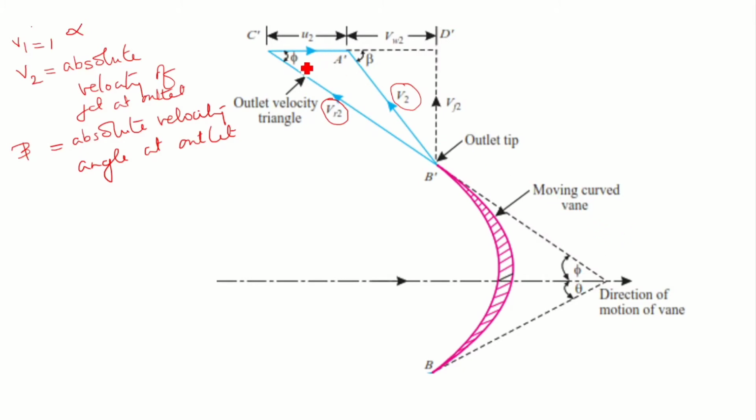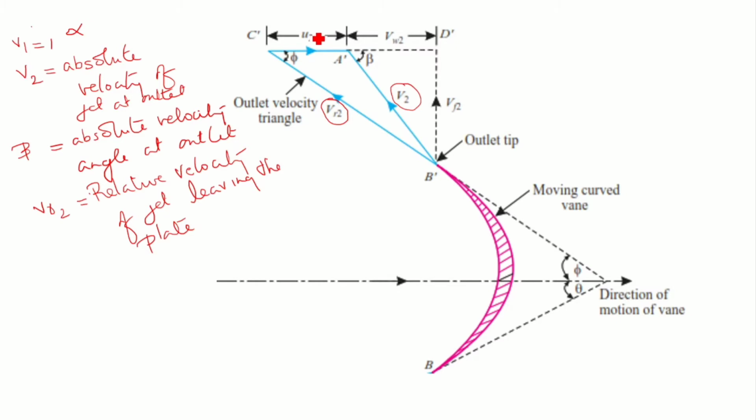So VR2 is the relative velocity of the jet leaving the plate, and it makes an angle phi.